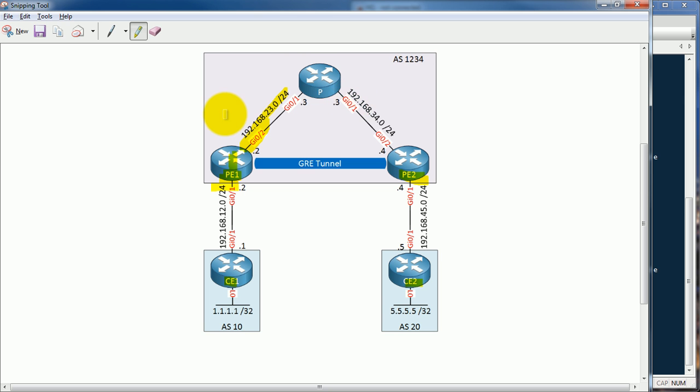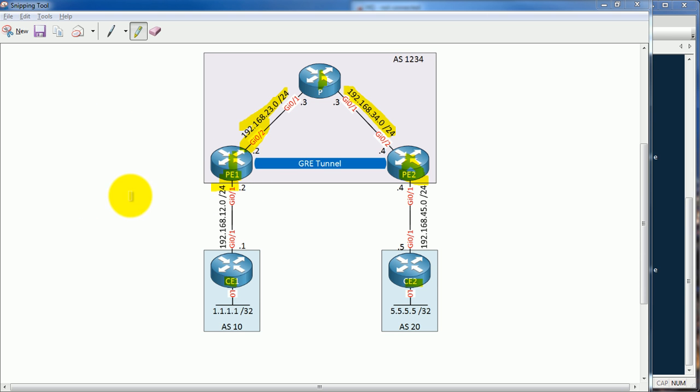P1 advertises the loopback, this network and this network. On P2, the other side, the loopback network and this network, with the area backbone. That's the internal routing for the ISP.